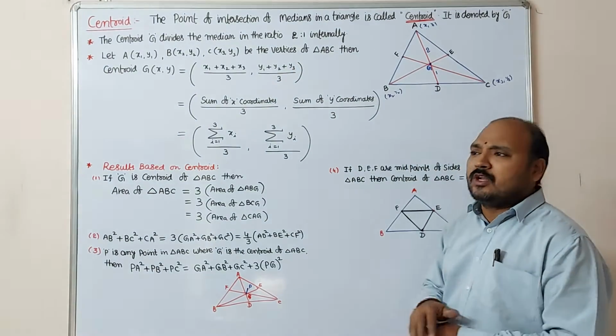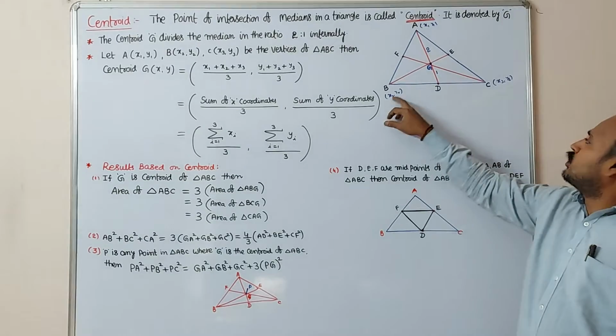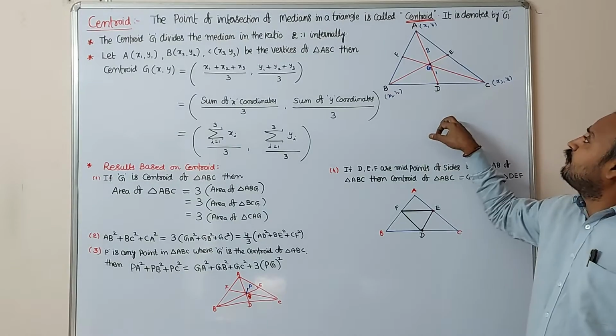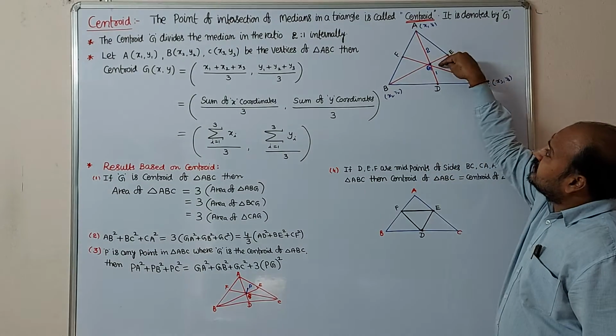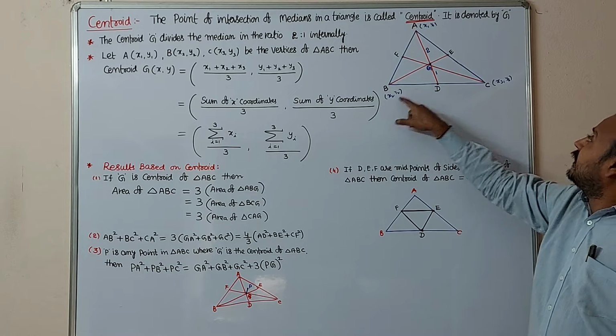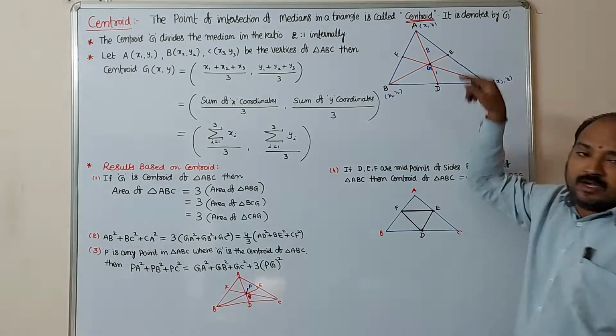We will discuss the proof also. D is the midpoint, so x2 plus x3 by 2, y2 plus y3 by 2. After that, A and D are the points. The centroid G divides the line joining A of x1, y1 and D of x2 plus x3 by 2, y2 plus y3 by 2 in the ratio of 2:1.